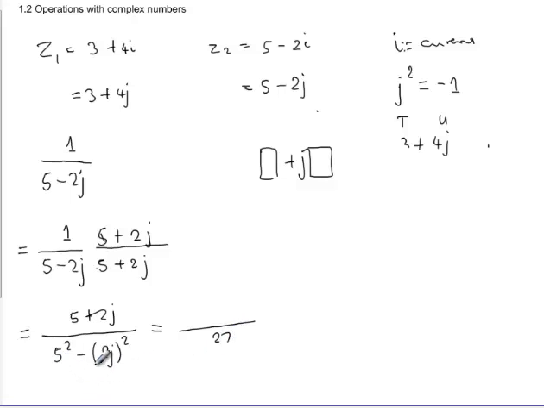Are we together? 25 here, minus 2 here, minus 2. No, minus 4. Sorry, minus 4. Then minus 4, 29. Then you go 5 plus 2j over 29, in a composite fraction, 5 over 29 plus 2 over 29 j.